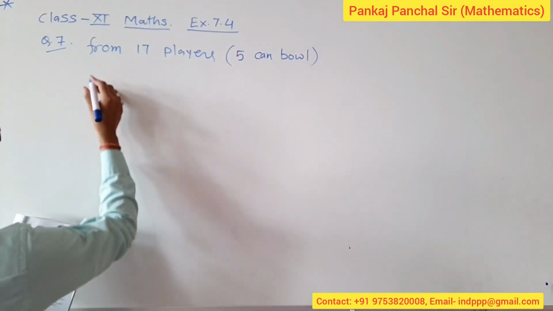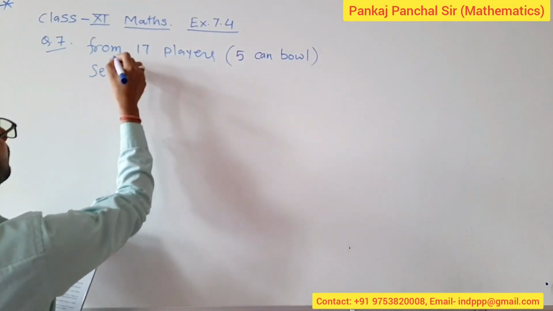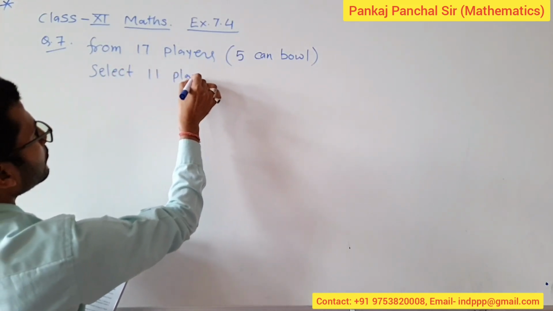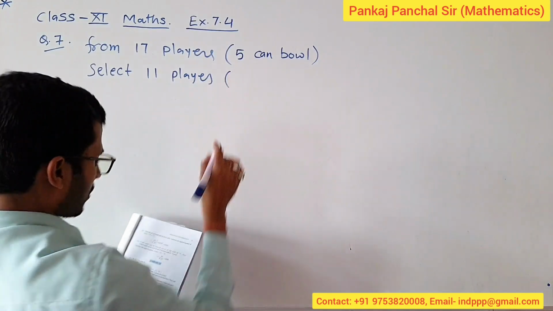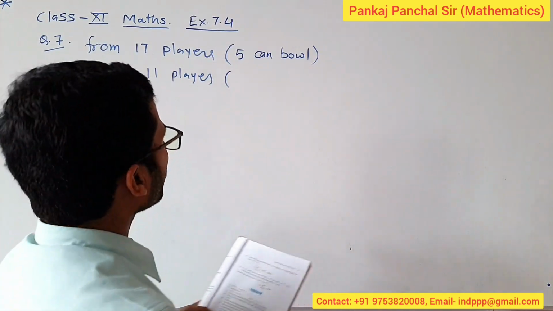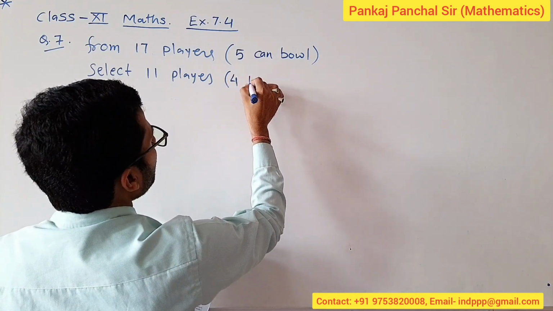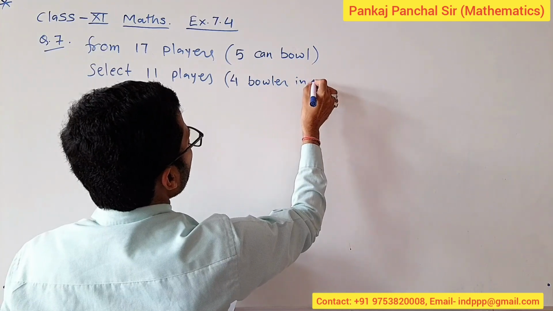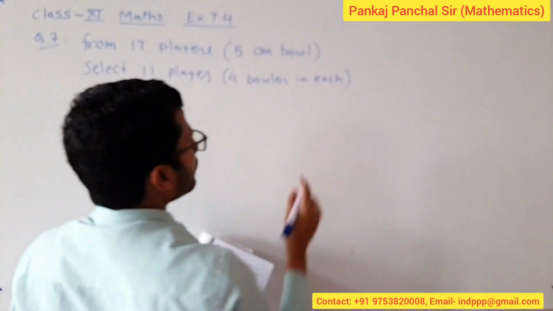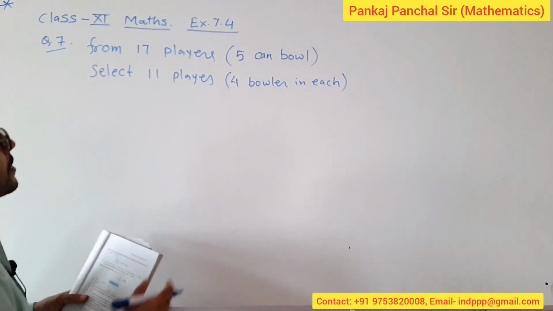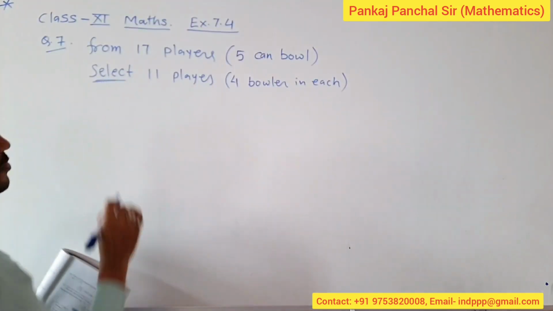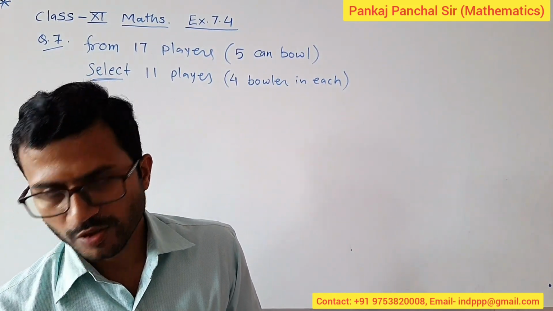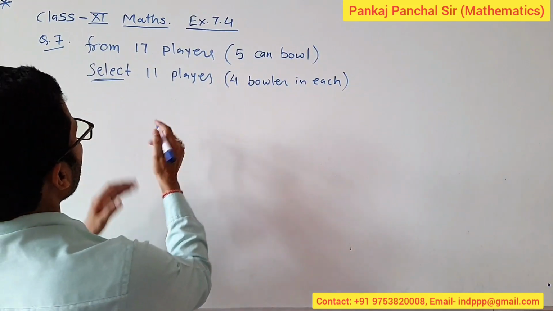Now we have to select 11 players such that there are exactly 4 bowlers in each. Here is the selection, so from this word we can get that this is a question of combination.